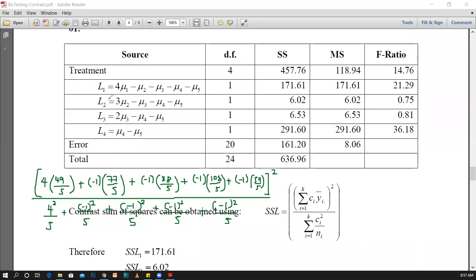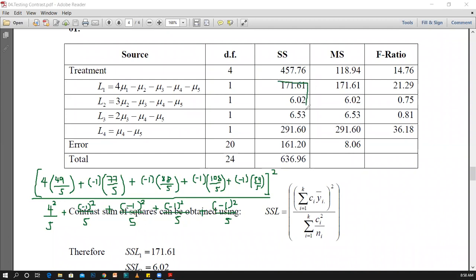Then likewise, you can calculate the SS value for the second, third, and fourth contrasts. For the first contrast, you have obtained an SS value of 171.61. For the second contrast, 6.02. Third contrast 6.53 and the fourth contrast 291.60.